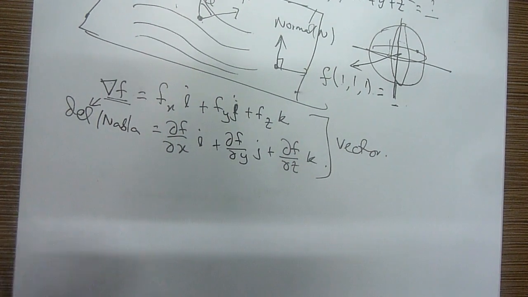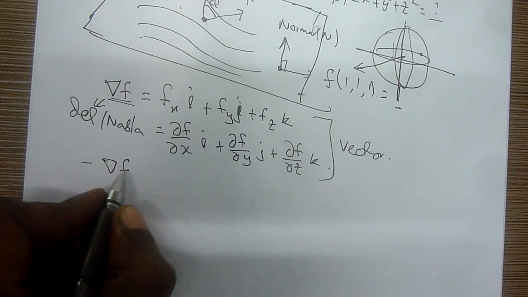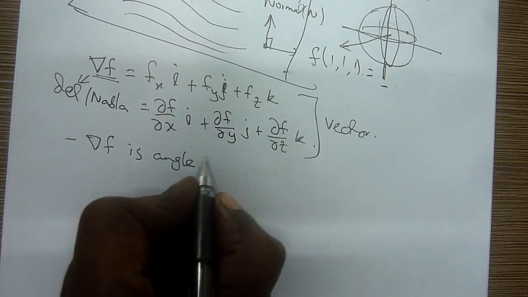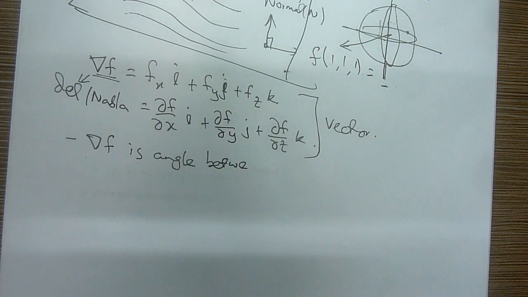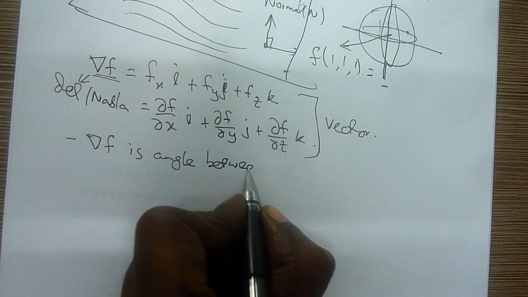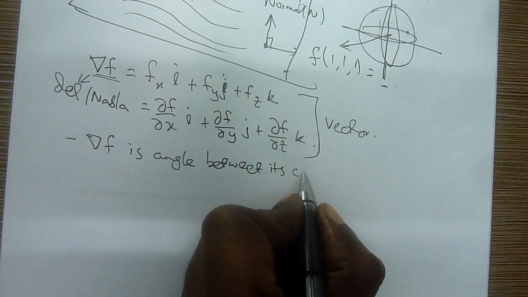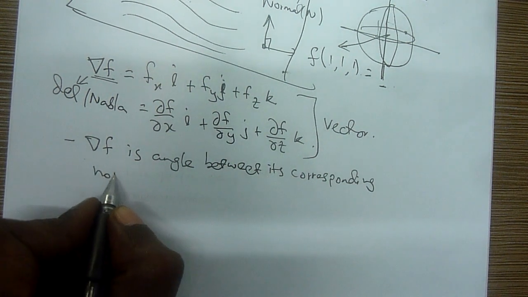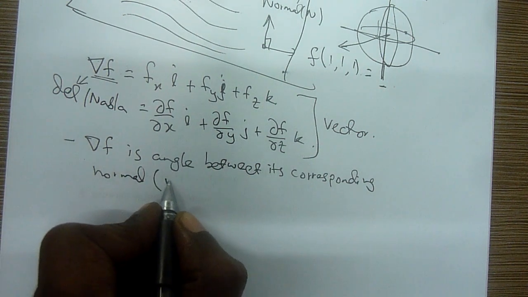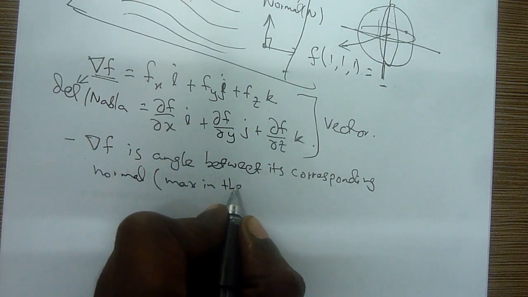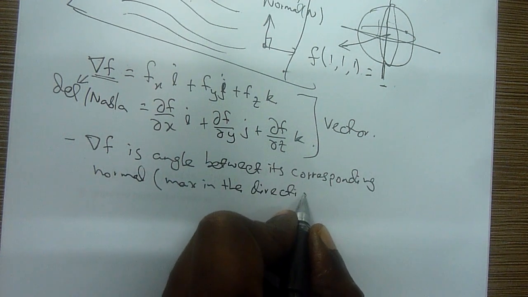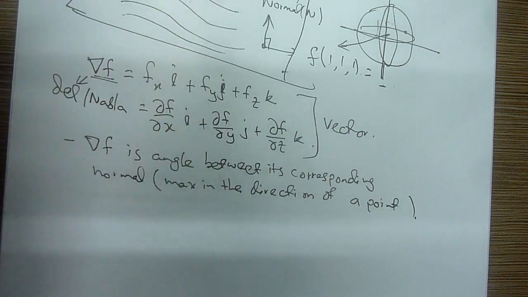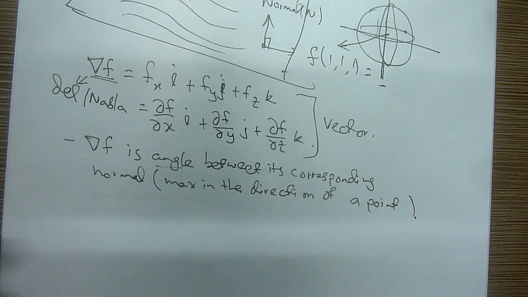Now, therefore, del F is an angle between its corresponding normal, or we may say, in the direction of a point. If we pick a point, then we know there is an angle there.